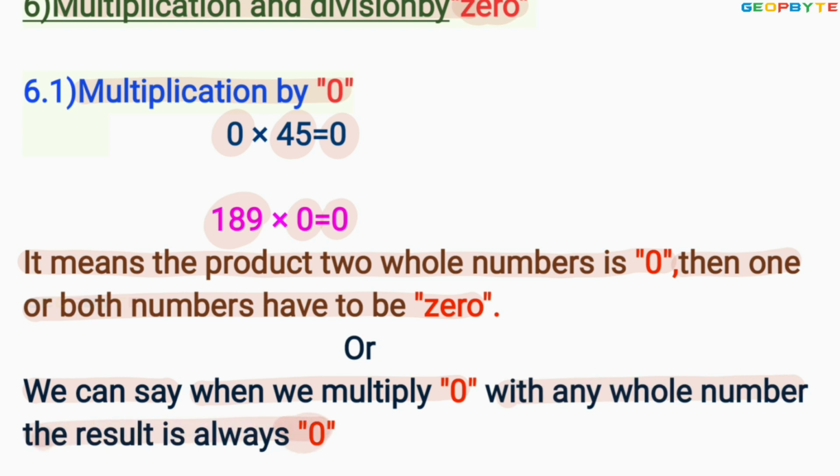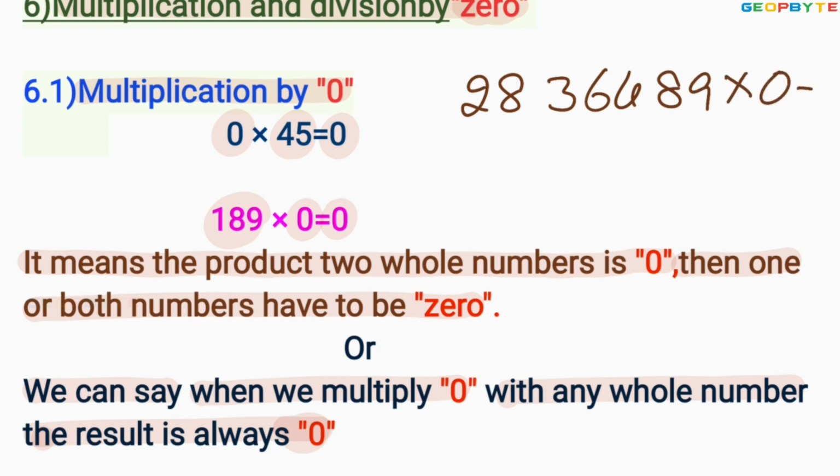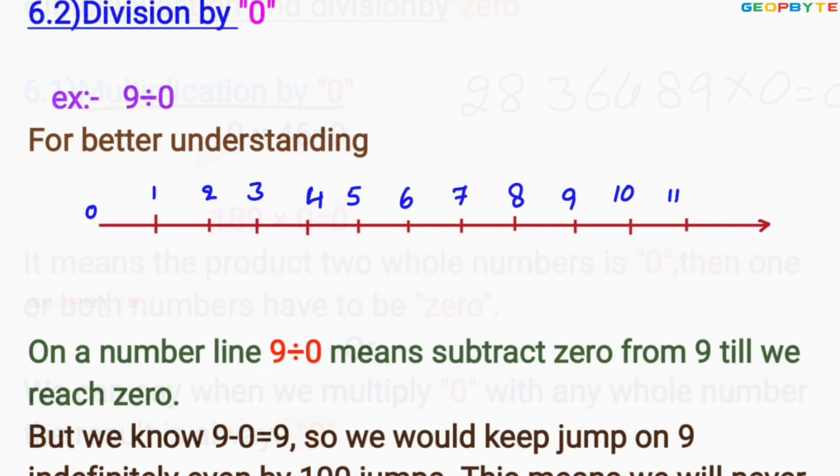Even if you multiply a very big number like 2836489 with 0, the answer is 0 only. So the conclusion is, if you multiply any whole number with 0, the result is 0 only. I hope all of you clearly understood about the multiplication by 0.